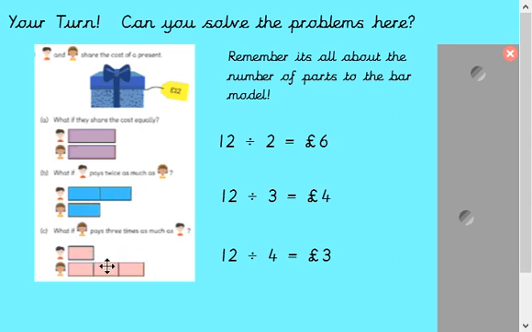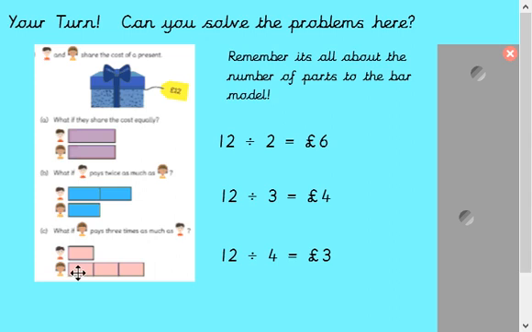And the last one down here is one child paying 3 times as much as the other child. I know that I've got to divide by 4 because I've got 1, 2, 3, 4 parts to my bar model. So 12 divided by 4 easily is 3. So this child here would have paid £3 towards the present.